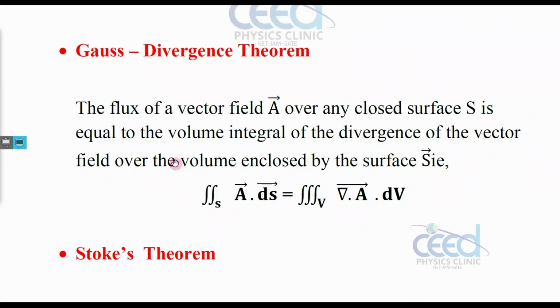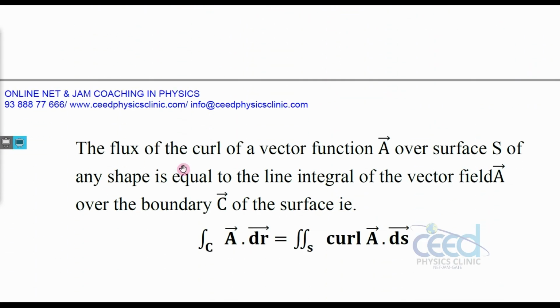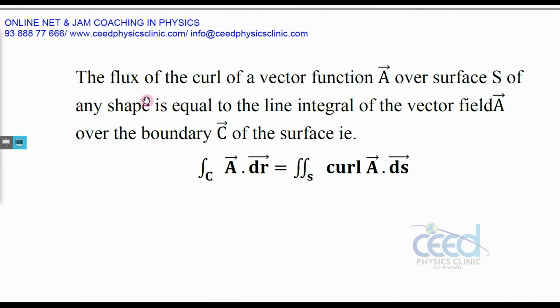So let us go to Stokes theorem. What is Stokes theorem? Stokes theorem states that the line integral, the closed integral along a loop, the closed integral of A dot dr, is equal to the surface integral of the curl of the same vector field A. So the line integral of the vector field along a closed path is equal to the surface integral of the curl of the same vector field.